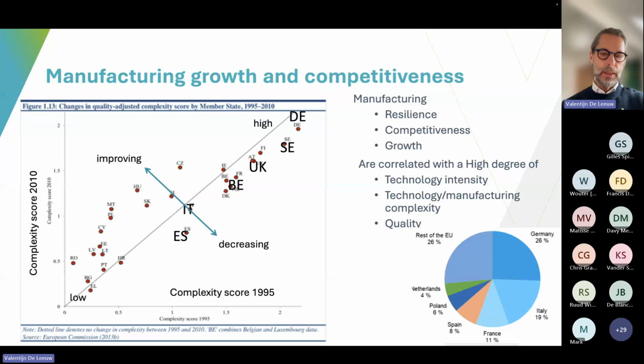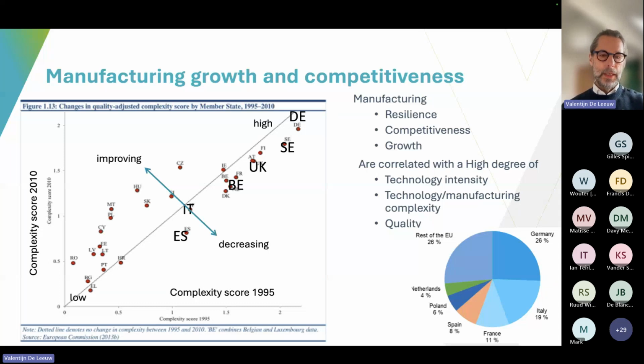And so you see that the well-known high-tech countries like Germany, Sweden, UK are at the top. We in Belgium are doing pretty good. It could be better, but we're doing pretty good.